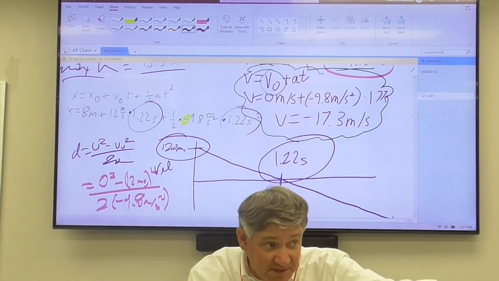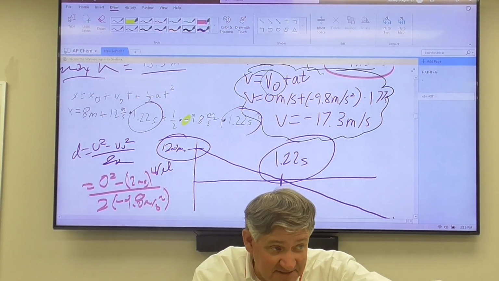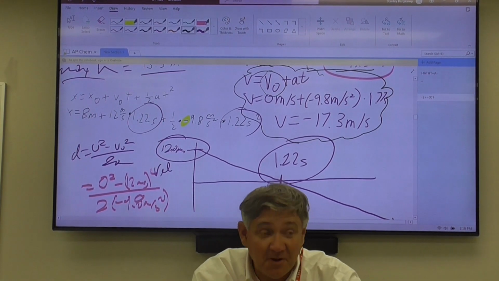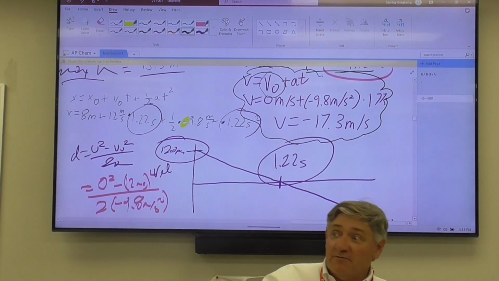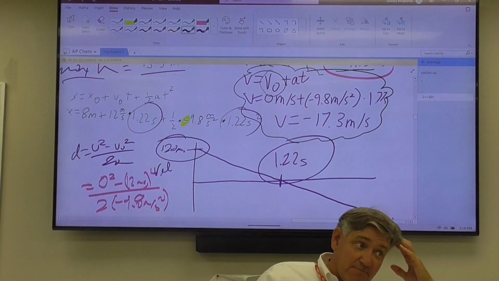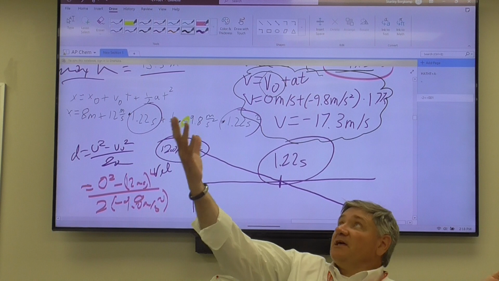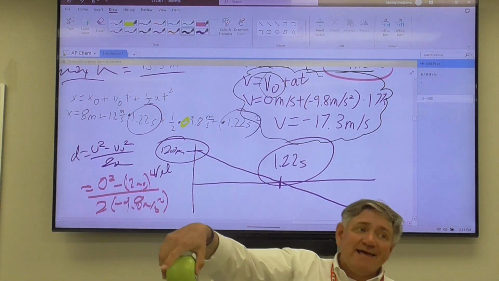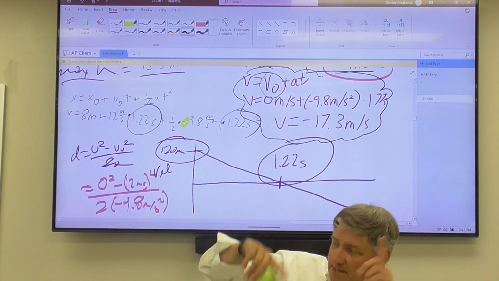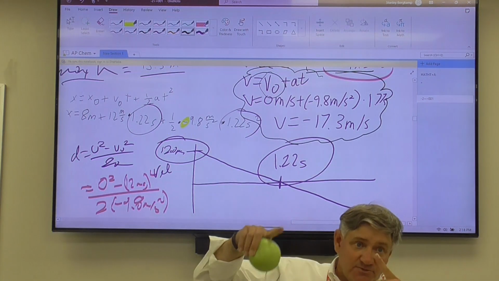Now, you initially used 1.22 seconds. What did you get? Like negative 12, which is the opposite of the positive 12. So if you throw it up in the air, and it comes back down to the same height, it's going to leave at positive 12, but it's going to land at negative 12. Same magnitude of velocity, opposite directions.